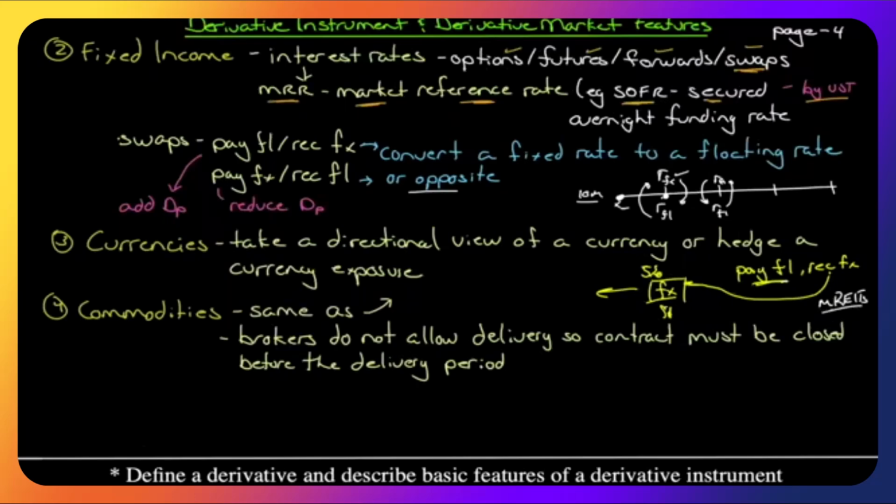The other thing that swaps can do with a portfolio of fixed income is it can increase the duration of the portfolio or reduce. So let's say I have a $100 million bond portfolio, and I think interest rates are going up. Well, if interest rates go up, what do we know happens to the price of bonds? The price of bonds goes down. I'm going to lose capital value, but I'm not going to lose anything if I hold them to maturity, right?